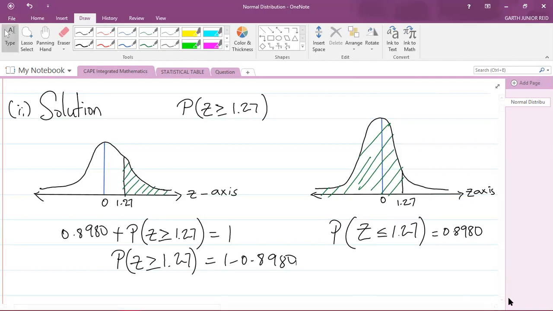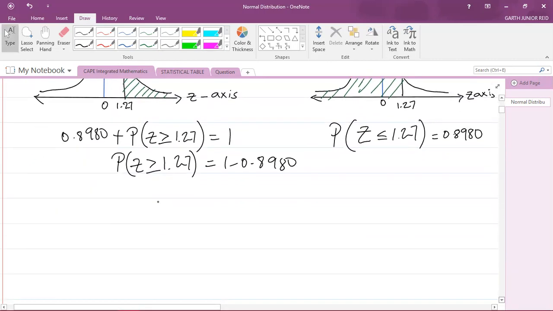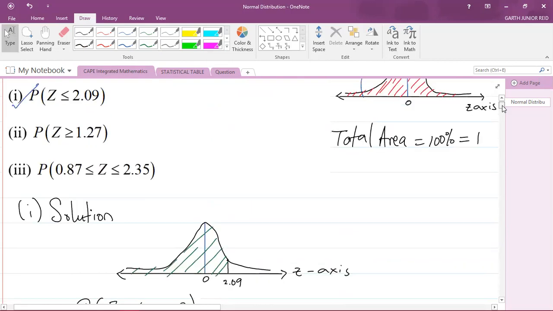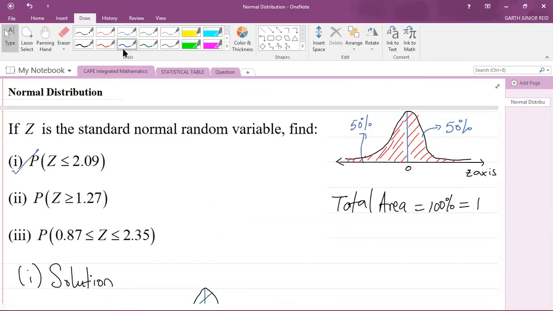Good. And therefore, I can say that my probability is going to be 1 minus 0.8980, which is going to give me 0.102. Okay? And that is my answer for this probability here. Great. So it means that part 2 of the question is now completed.